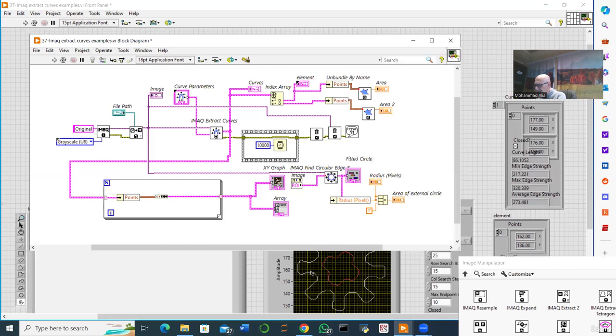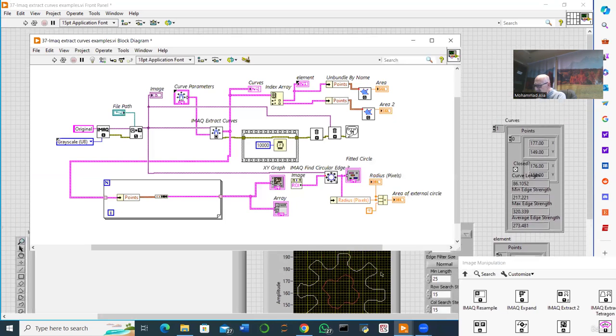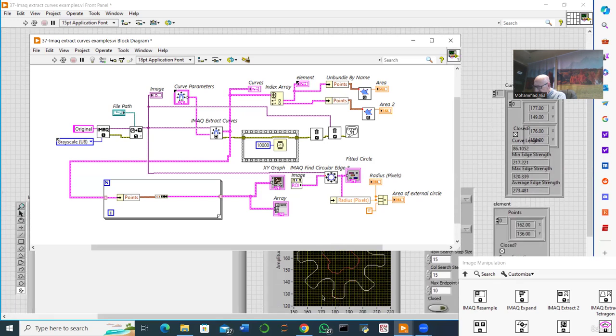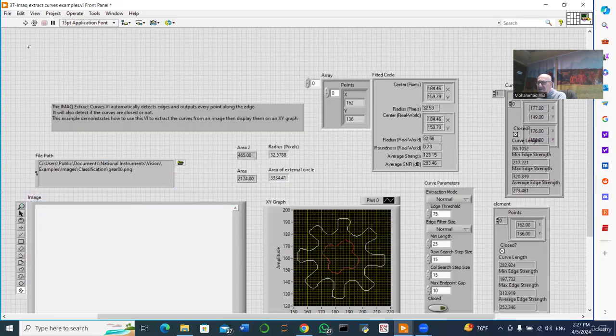Which circle here? I mean the circle which is composed of the external perimeters of these pieces of the figure. And this is done, as you see, as follows.